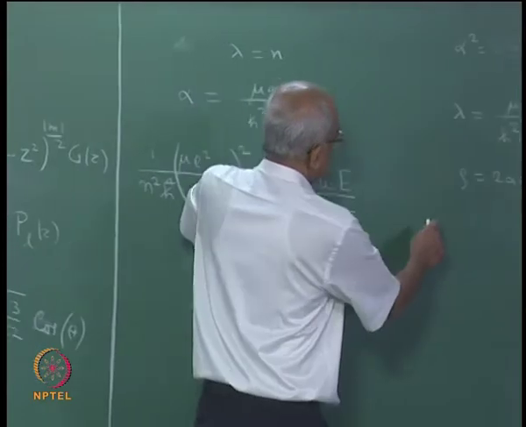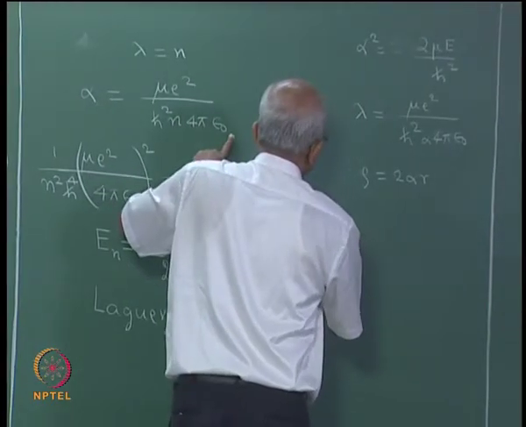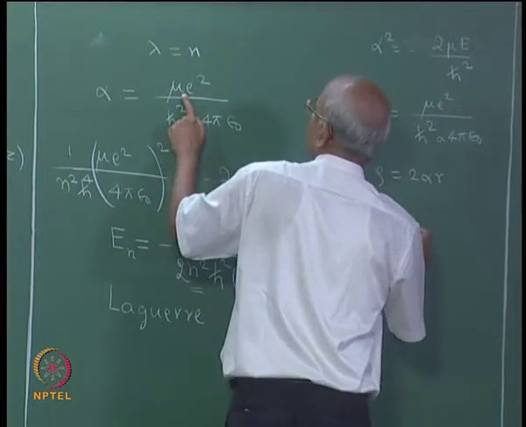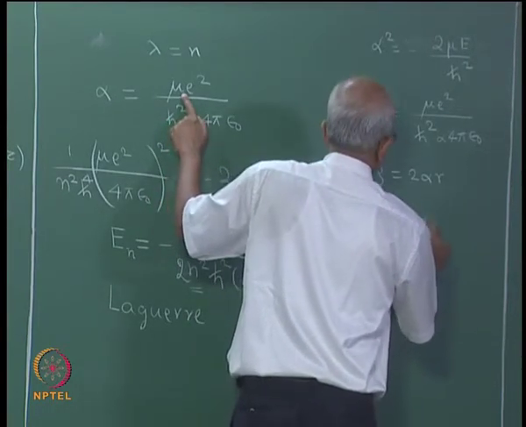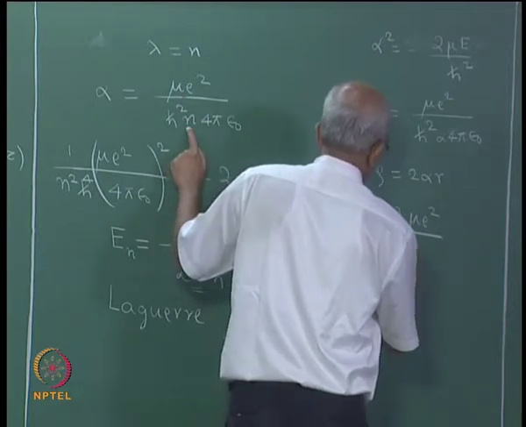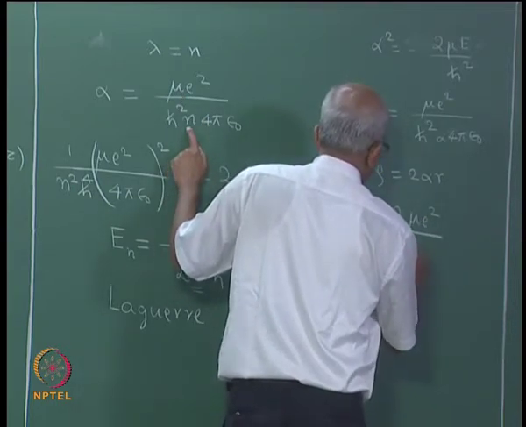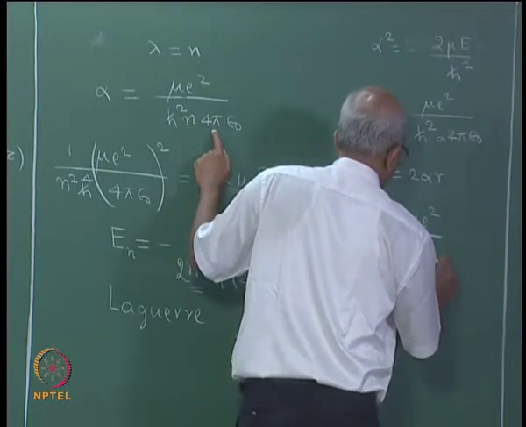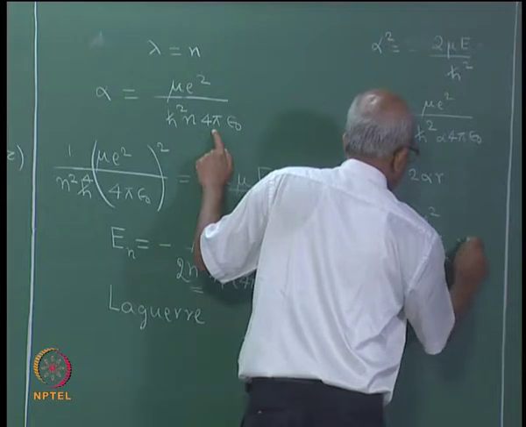So, let me write that. Rho is equal to 2 times mu e square divided by n h cross square 4 pi epsilon 0 into r.